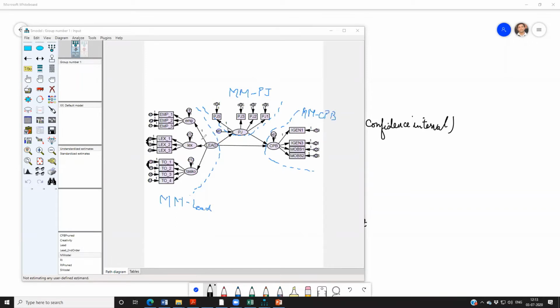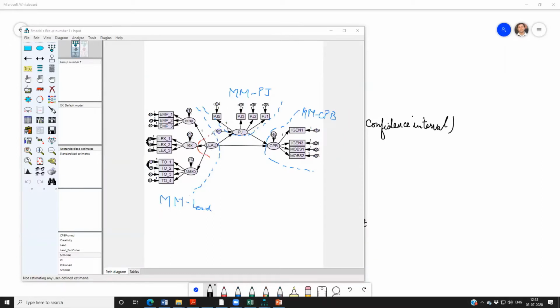Even when I run this together, I am going to do all three measurement models here, so you are anyway going to get the same kind of run here.